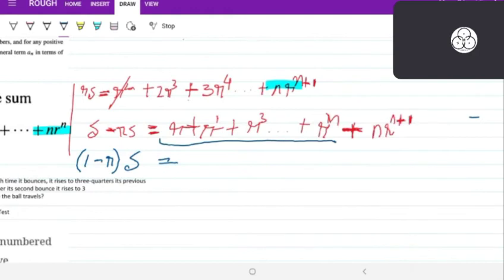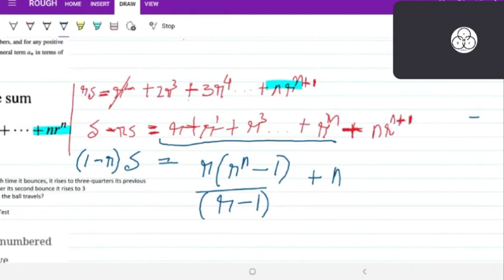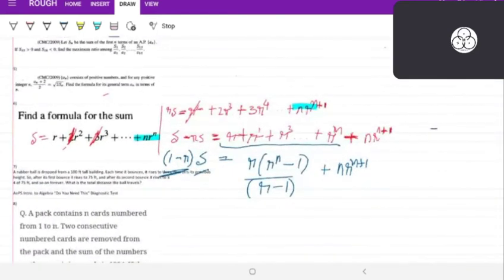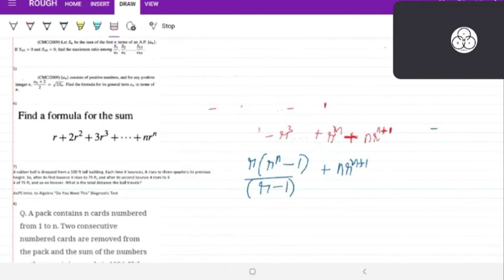Apply GP's formula. R is the first term. Number of terms are n. Divide this by 1 minus r. We'll get the value of S. So these are some subjective proving type questions. This kind of complicated series may appear. You need to find out the pattern and eliminate. This is easy.